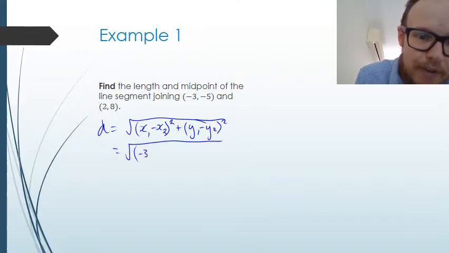x1 is -3, x2 is 2, squared, plus y1, which is -5, minus 8, squared.